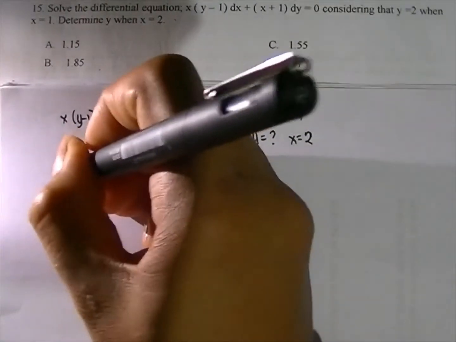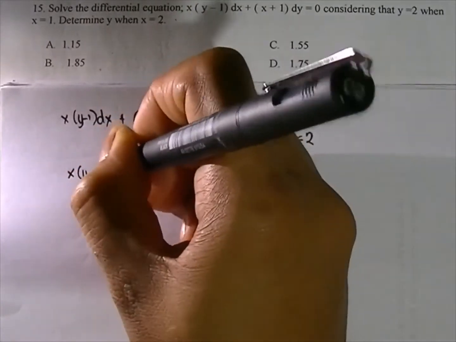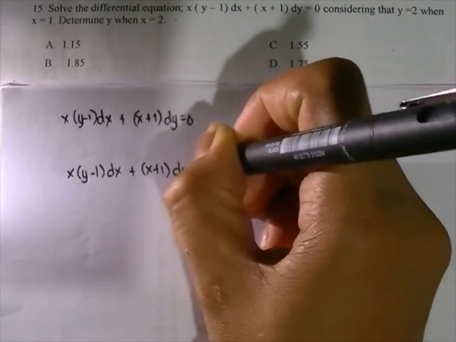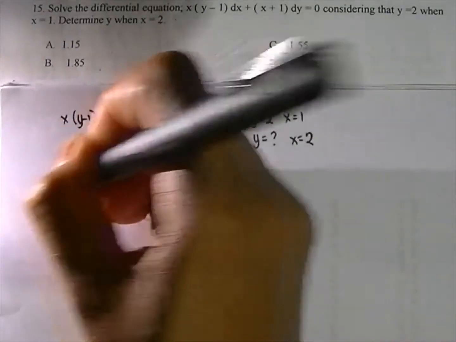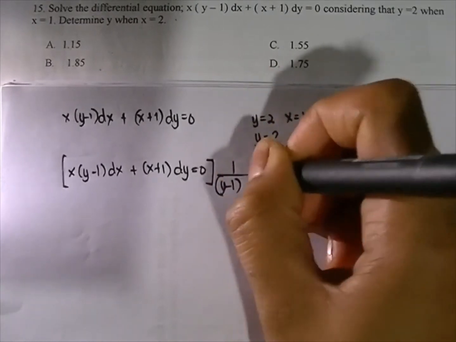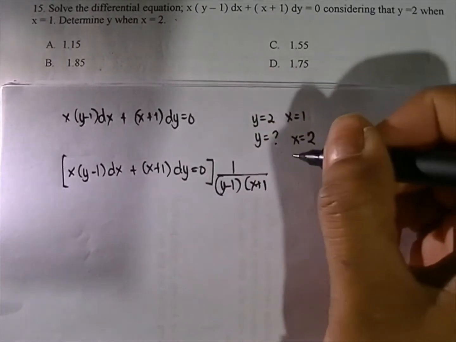So we have x(y − 1) dx + (x + 1) dy = 0. Multiply both sides by 1 over (y − 1)(x + 1).